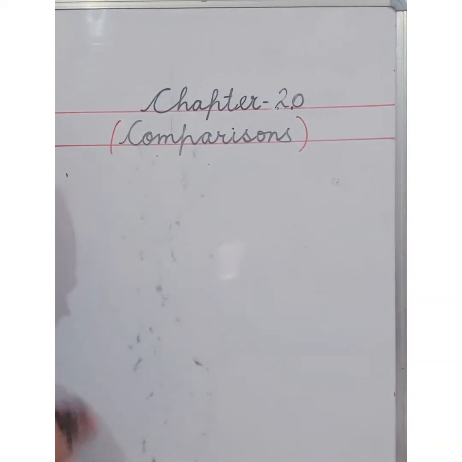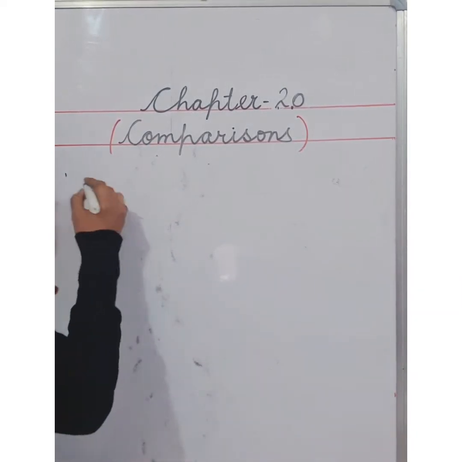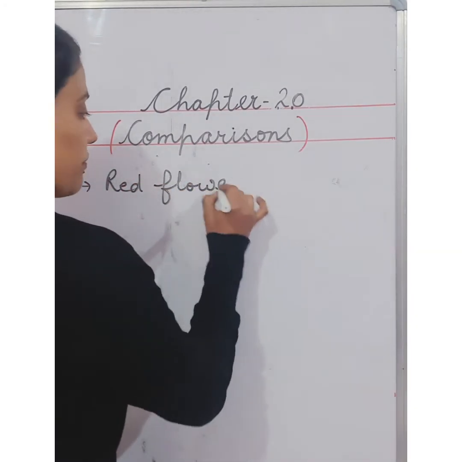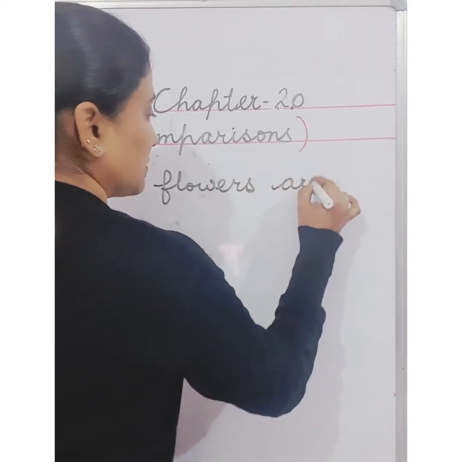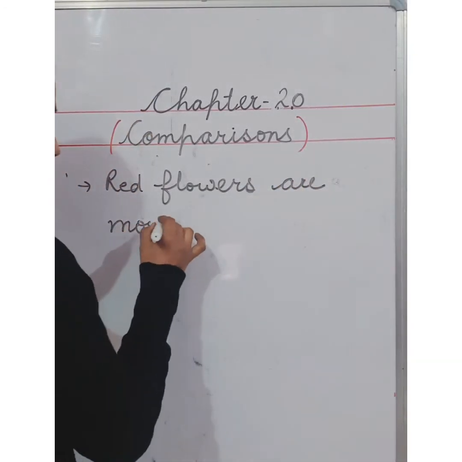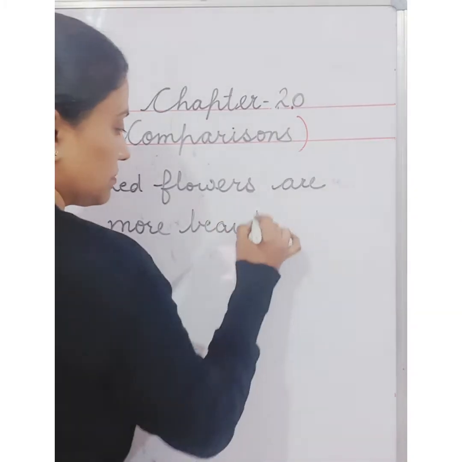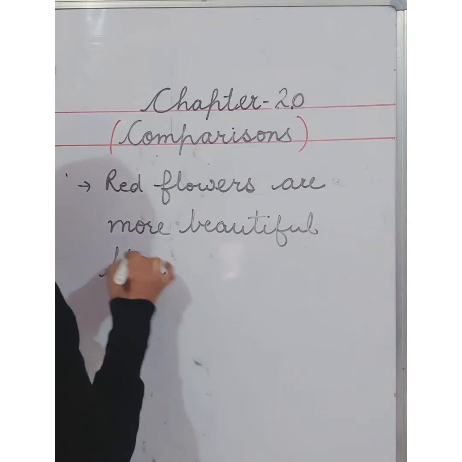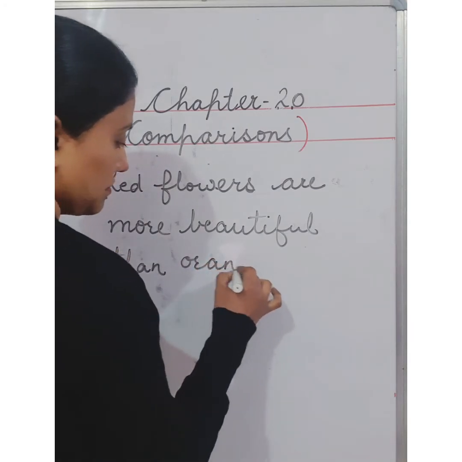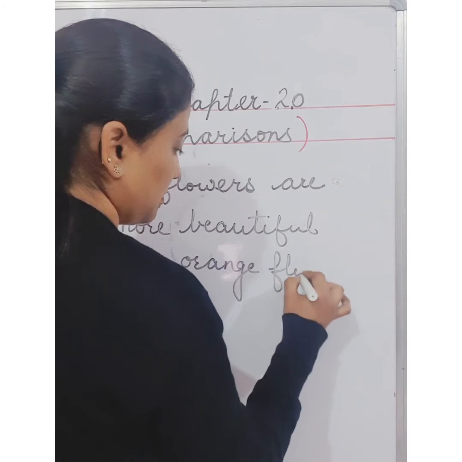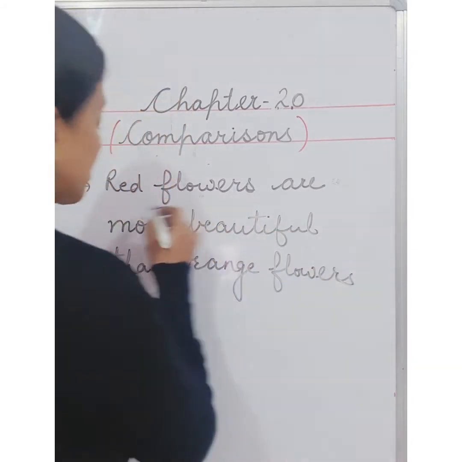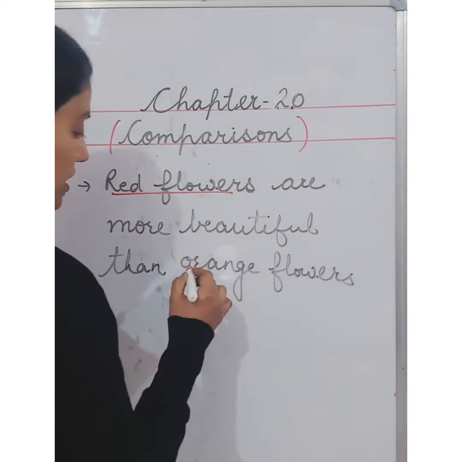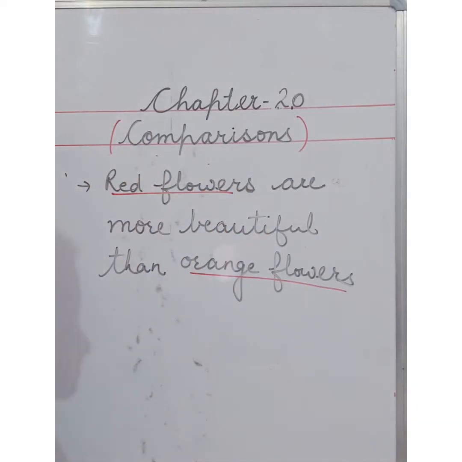So there are some words like, red flowers are more beautiful than orange flowers. So here we are talking about red flowers and orange flowers. Which flowers are we comparing?